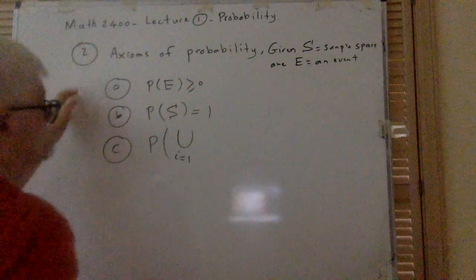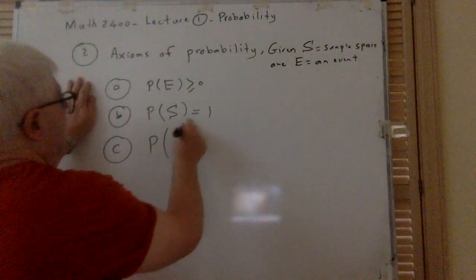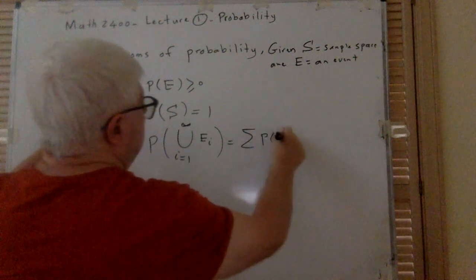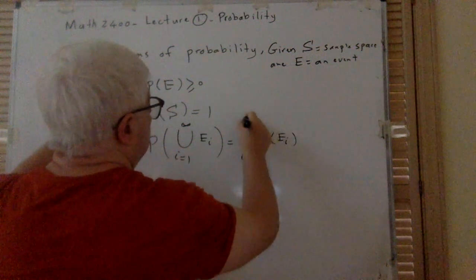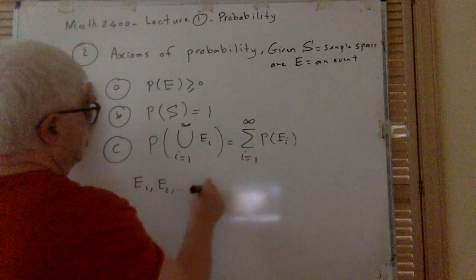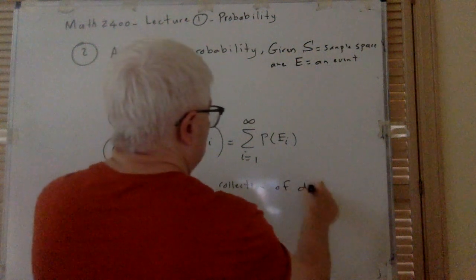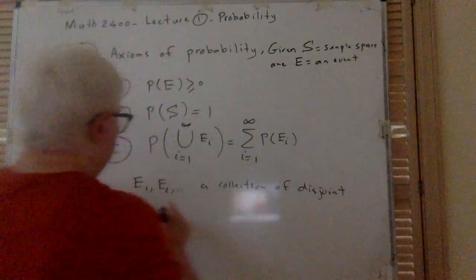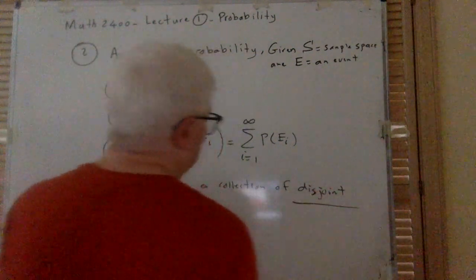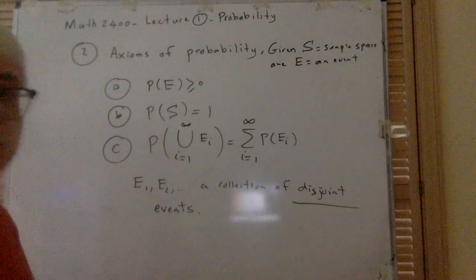So the probability of the union from i equals 1 to infinity of the E_i is the sum of P of E_i, i from 1 to infinity, where E1, E2, ... is a collection of disjoint events. But I didn't define disjoint.